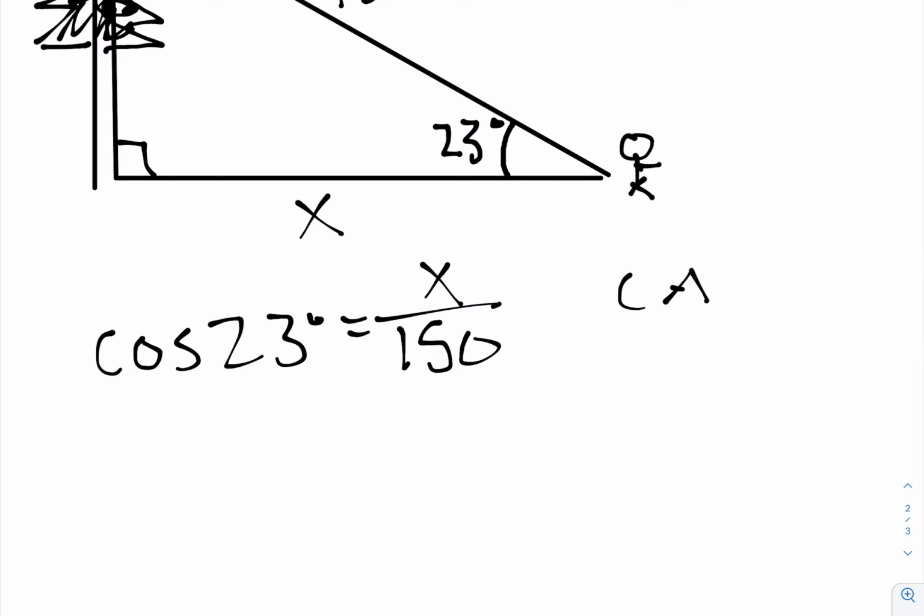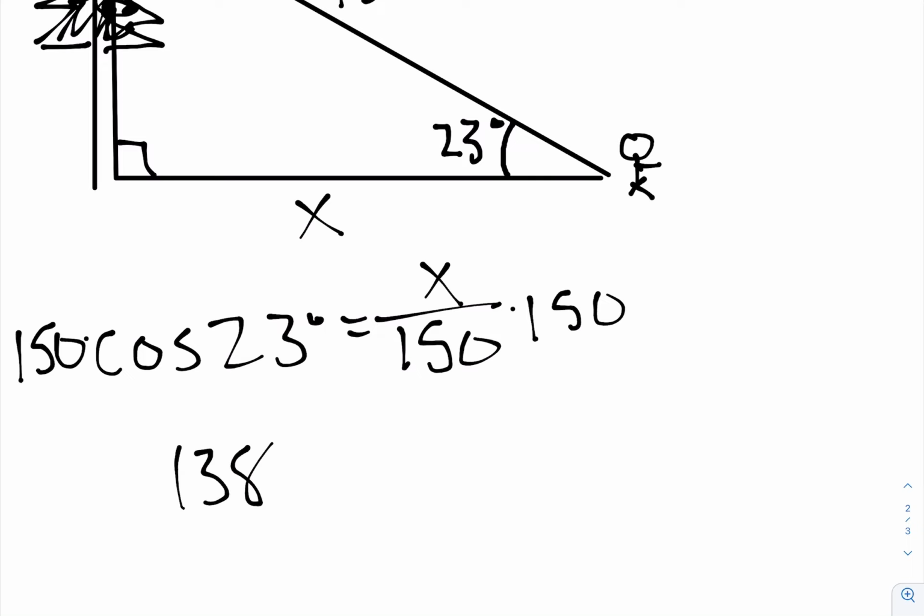Because remember, the cosine of an angle is the adjacent side over the hypotenuse side. Okay, so if we multiply both sides by 150, that means 150 times the cosine of 23 is going to be 138, to be equal to our x.